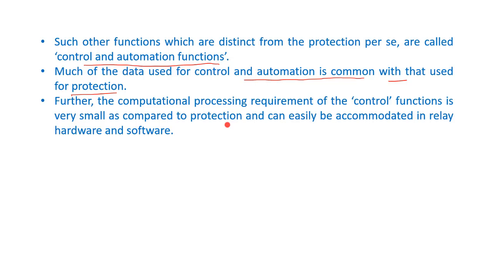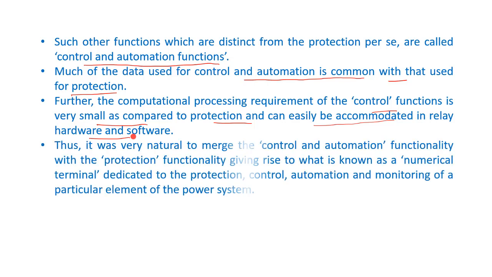Further, the computational processing requirement of the control functions is very small compared to protection, and can easily be accommodated in relay hardware and software. So if we compare the computational aspect of control and automation, it is much less than the protection function, and can be accommodated in the same hardware and software.